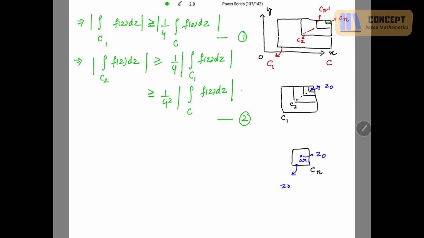Next, continuing like this process, we obtain a nested sequence of rectangles Cn, each satisfying this inequality. So as a whole, I write, continuing like this.